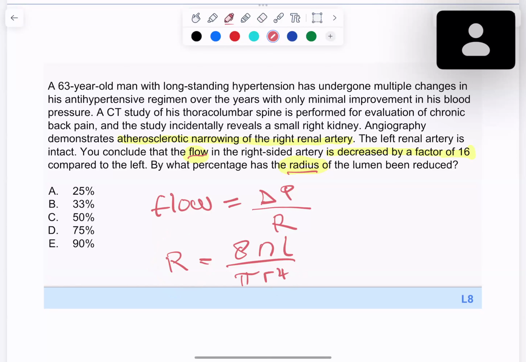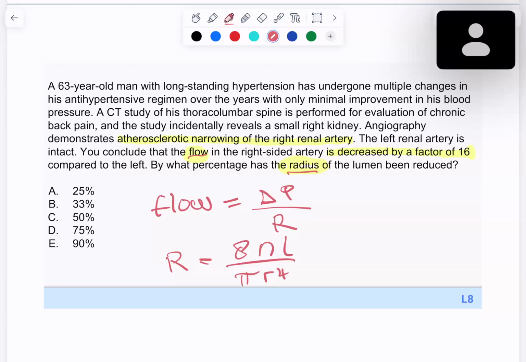Resistance equals 8ηL over πr to the power 4. Can you guys tell me what η is? Viscosity. Great. So η is viscosity and L is length.